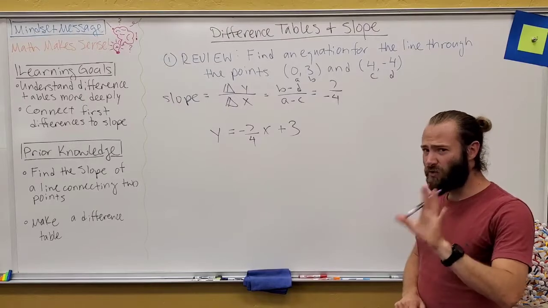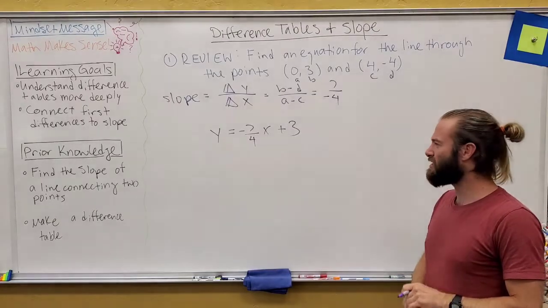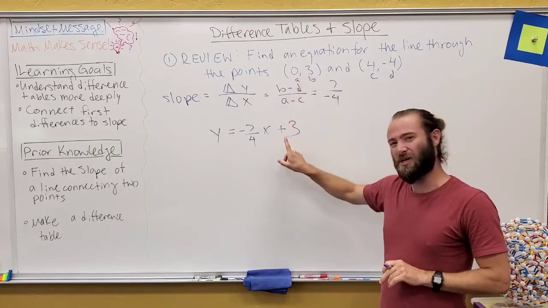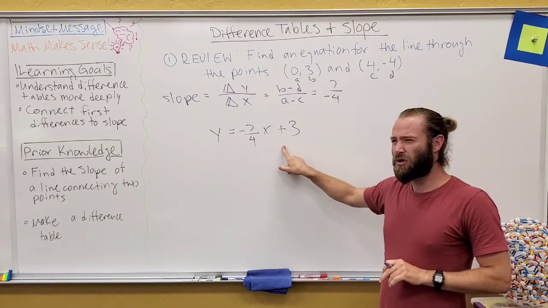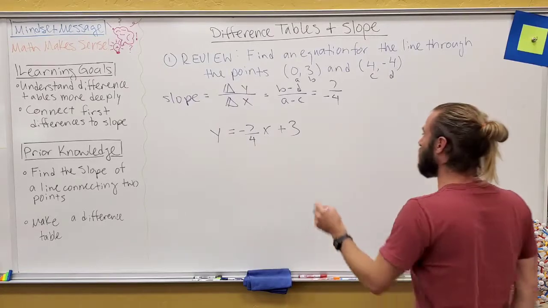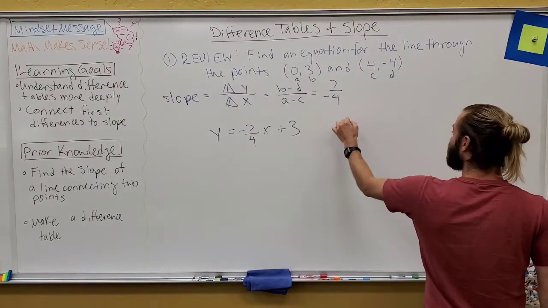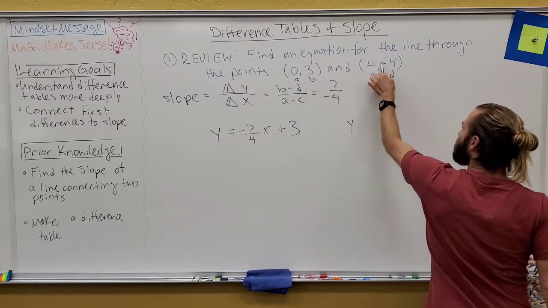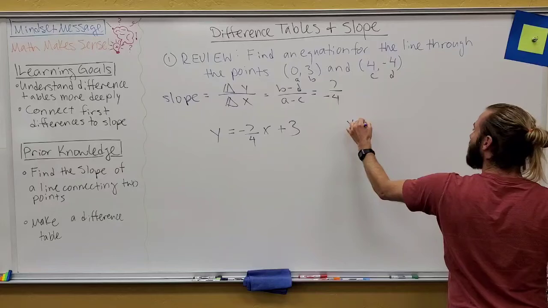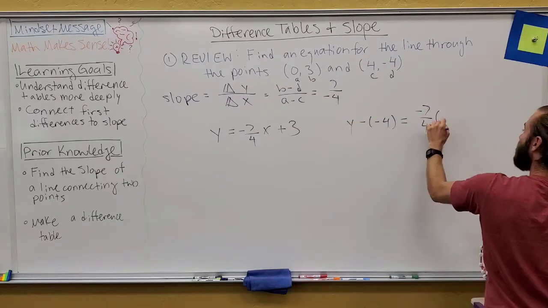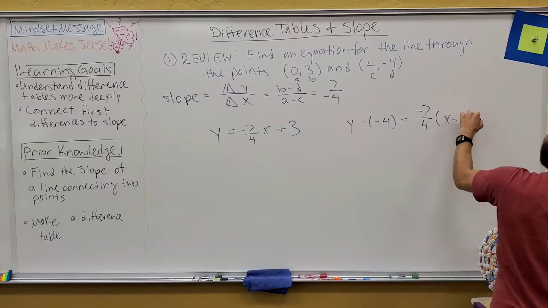Don't forget that's not the only way to make an equation. In fact, this one's very peculiar. It's only if we know the y-intercept we can even use this. A more general and sometimes useful format would look like this, and these are the same. Y, I don't care which one of these we use, let's use this point. Y minus negative 4 equals negative 7/4 times x minus 4.